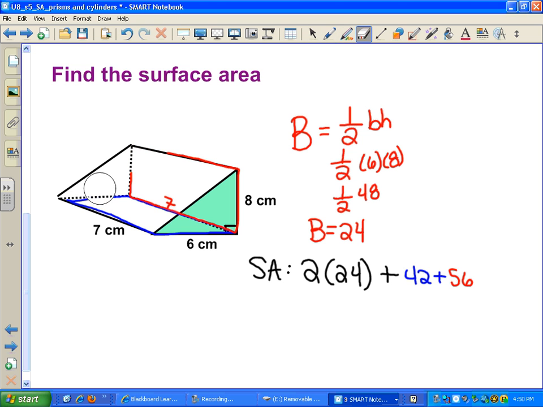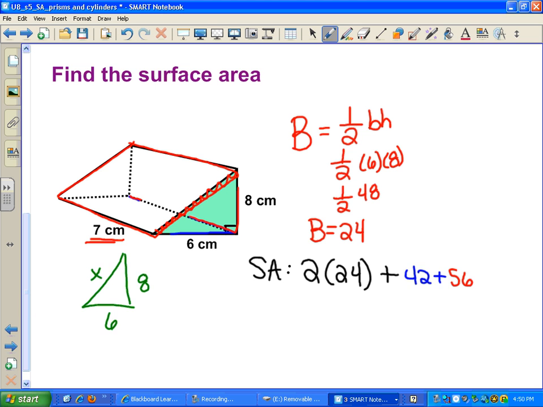And now the last one I need to find is the one that looks like it's on a diagonal. Right now I know the 7 centimeters, but I don't know what this length is. However, I can find it because it's the hypotenuse of the right triangle of that base. So if I look at that hypotenuse, here's 8, here's 6.